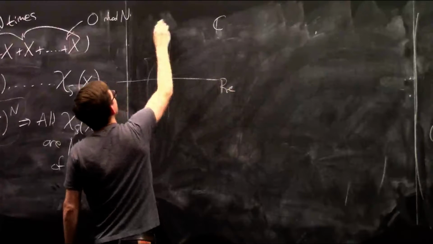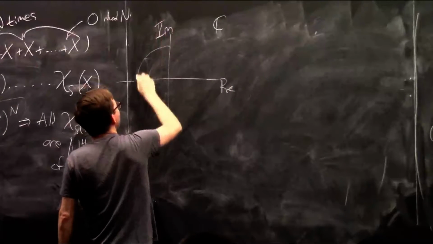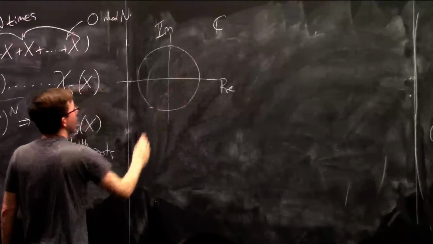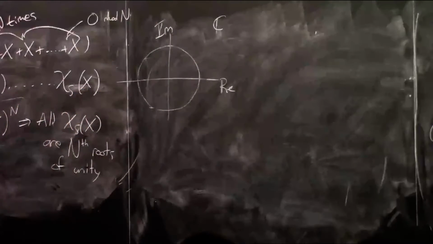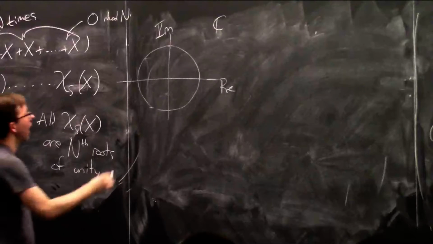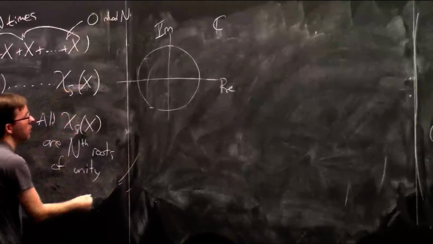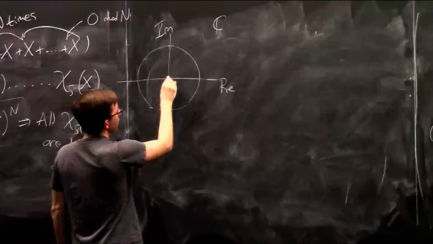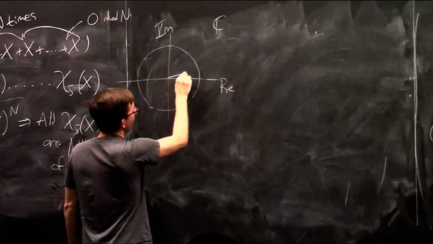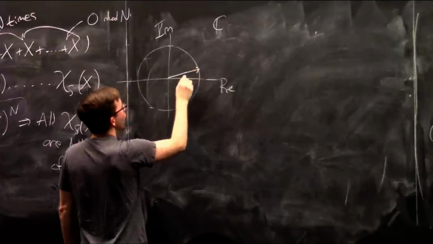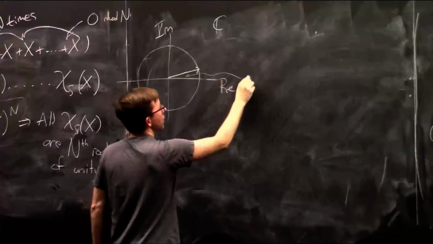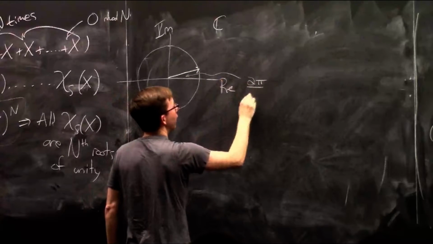It's the real axis, the imaginary axis, right? This circle is all the complex numbers of magnitude 1. And if we're interested in capital nth roots of unity, there's our particular favorite one, where the angle here is 360 degrees divided by capital N.